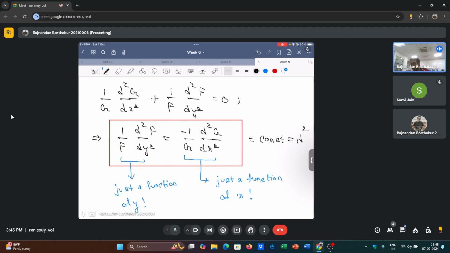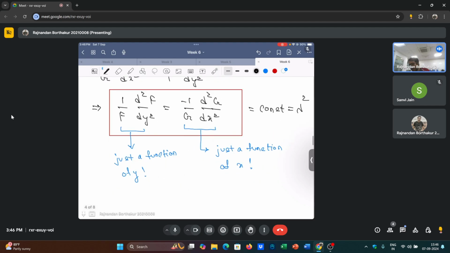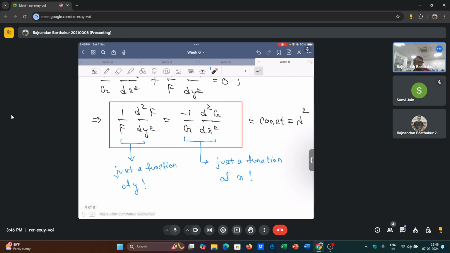So as you have correctly mentioned, this equality is only possible when it is equal to some constant, and this constant we denote as lambda square. In the background, knowingly or unknowingly, what we have done is convert this PDE into two simple ODEs.